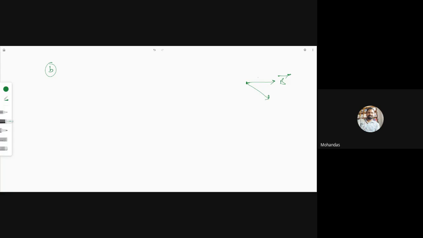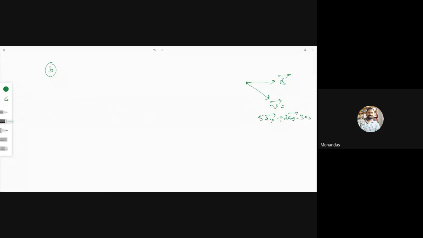The velocity is given by 5 AX plus 2 AY minus 3 AZ. That is the velocity.